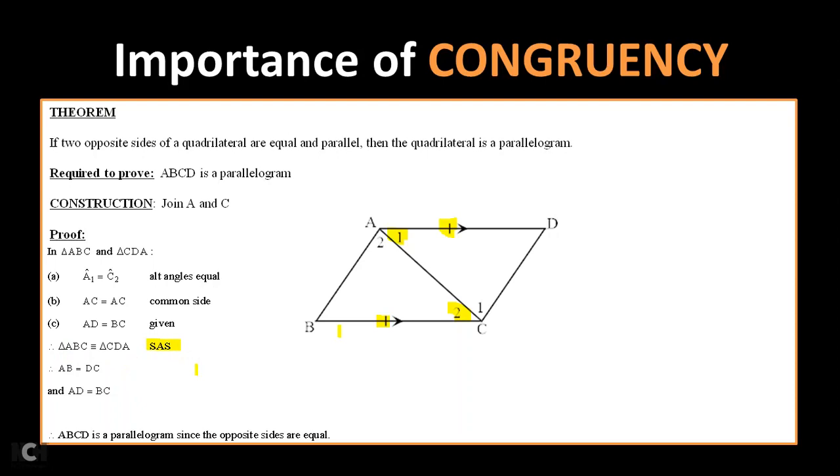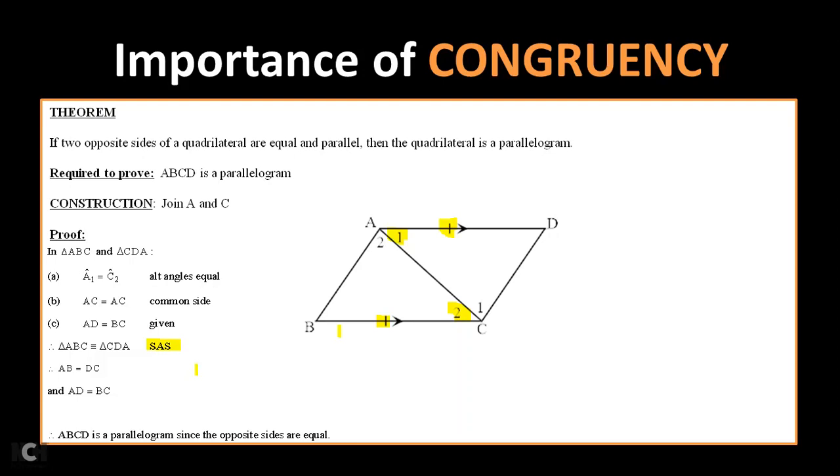So by this we are able to conclude that line AB is equal to line DC, because those two triangles are congruent to each other. Since they are congruent, it means they are equal in shape and in size as well. And we can also prove that AD is equal to BC.